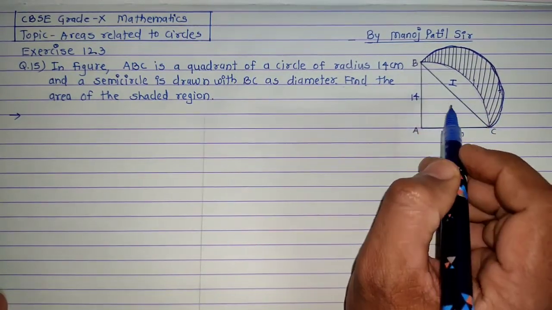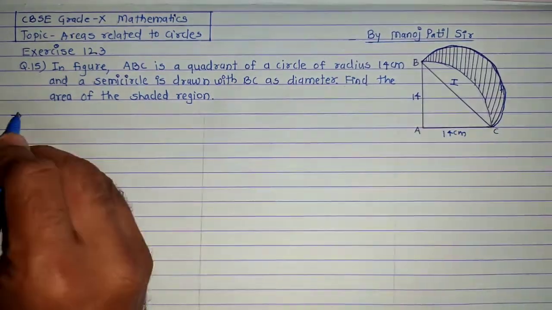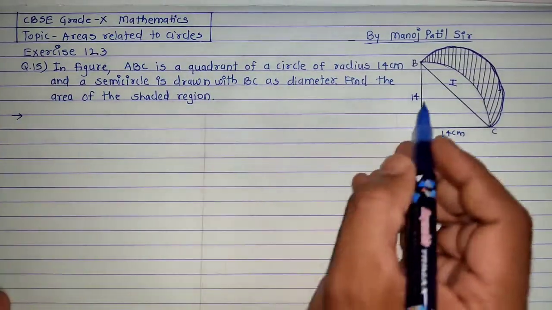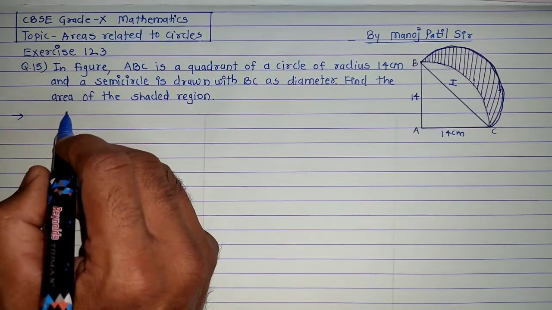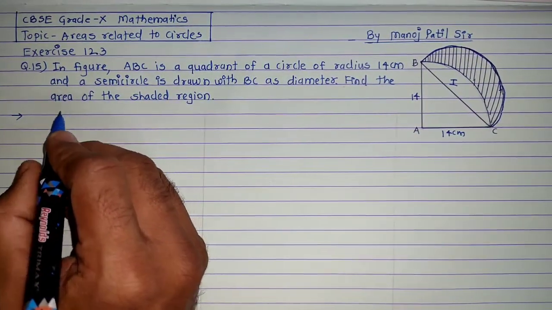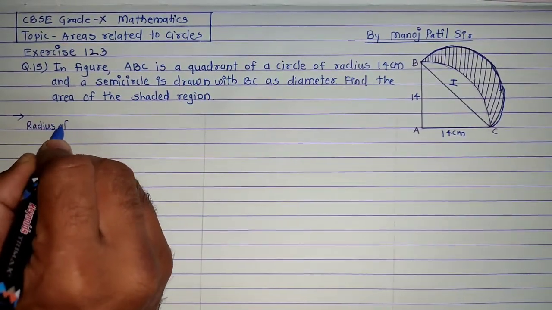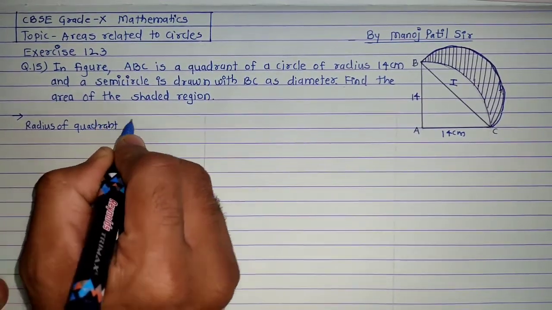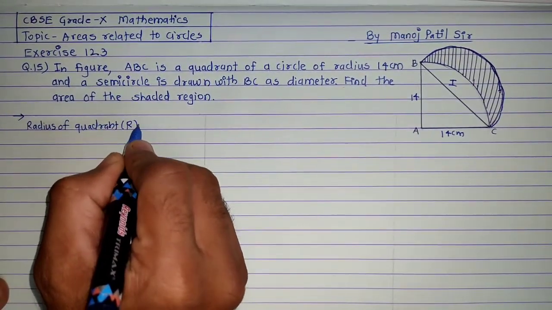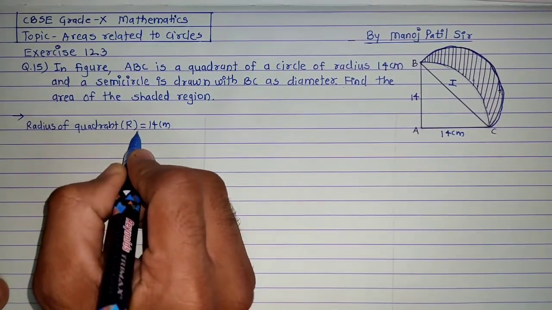And we know area of segment is equal to area of sector minus area of triangle. So here the radius of quadrant, we'll denote it as capital R, is equal to 14 centimeter.